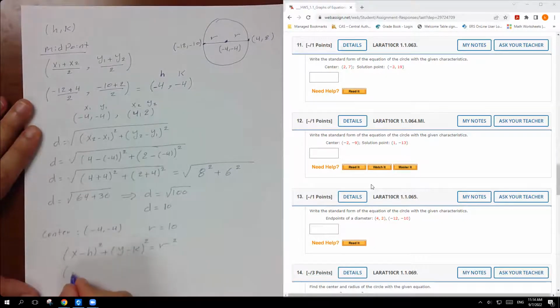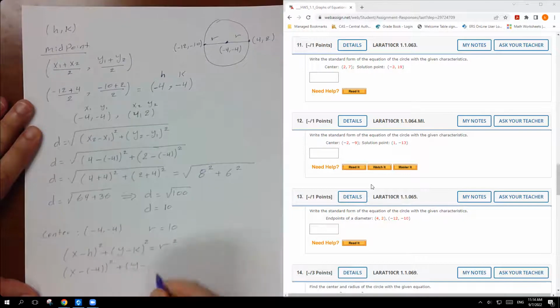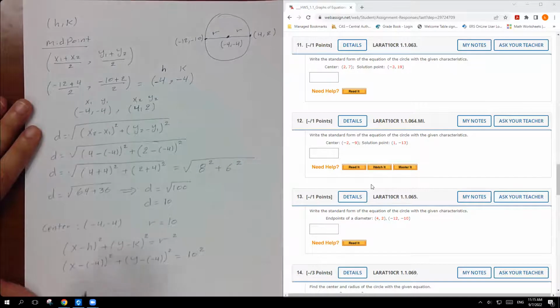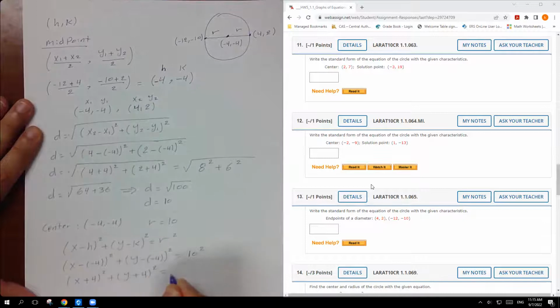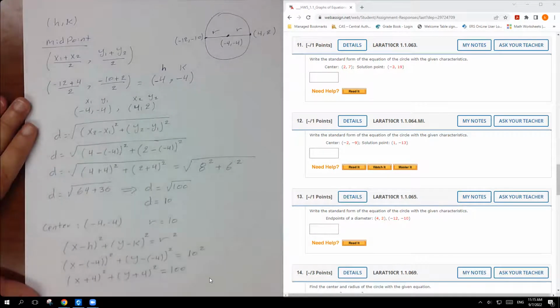So here is going to be x minus h is -4 squared plus y minus k is -4 squared is going to be 10 squared. Then it's going to be x plus 4 squared plus y plus 4 squared equals 100. So this is the standard form of this equation. That's it for this example.